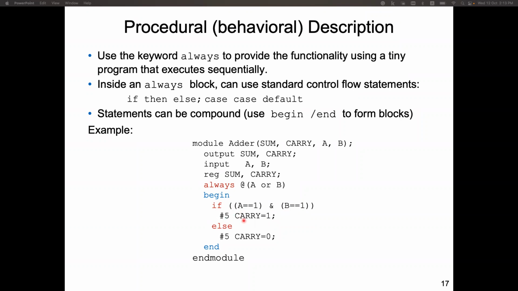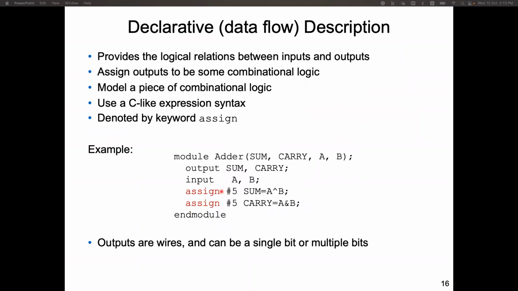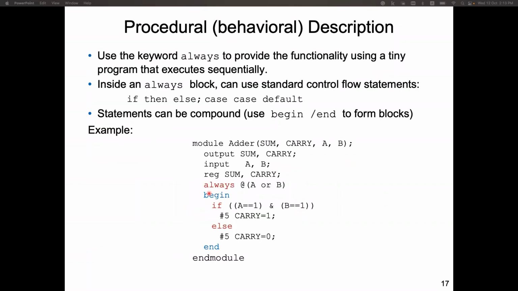Now be careful here. We also have things like carrier equal to something, but we don't have an assign statement. The keyword assign is what we had before, that's the keyword for data flow. But here, within always, you don't have the assign keyword.